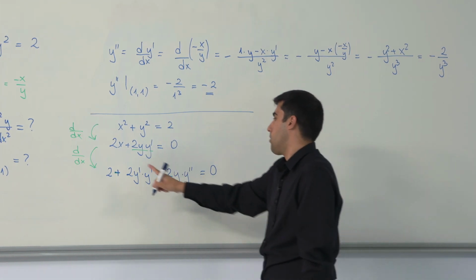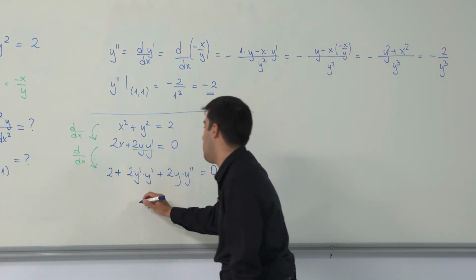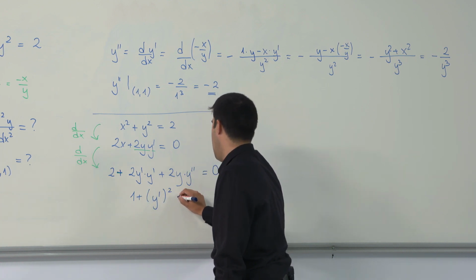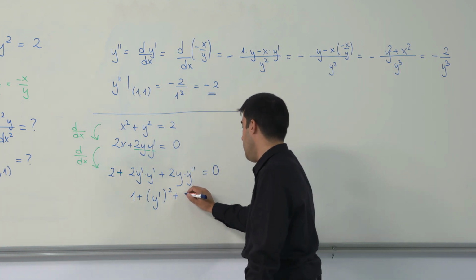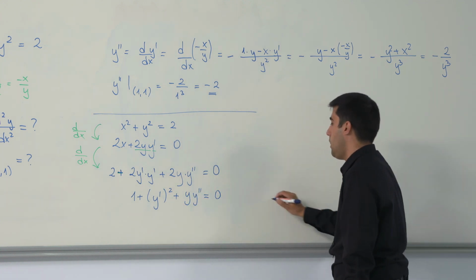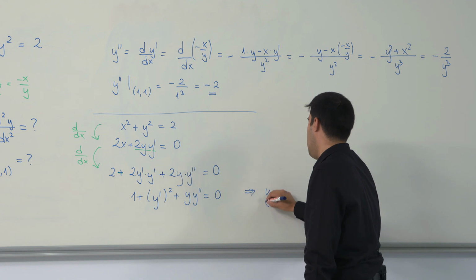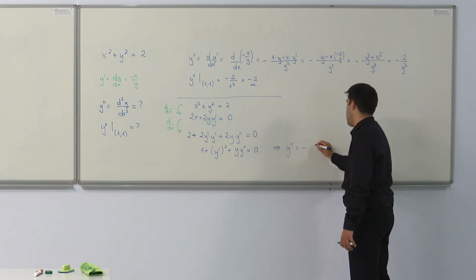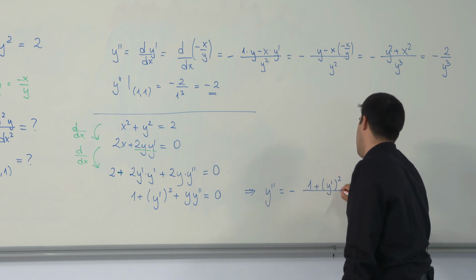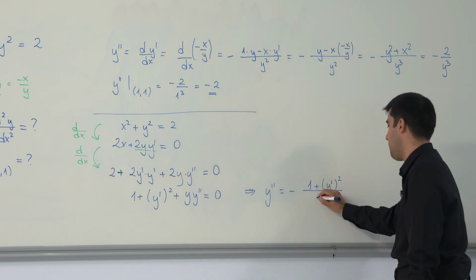Now you can cancel out the 2's to obtain 1 plus y prime squared plus y times y double prime equals 0. Here you can solve for y double prime as minus 1 plus y prime squared over y.